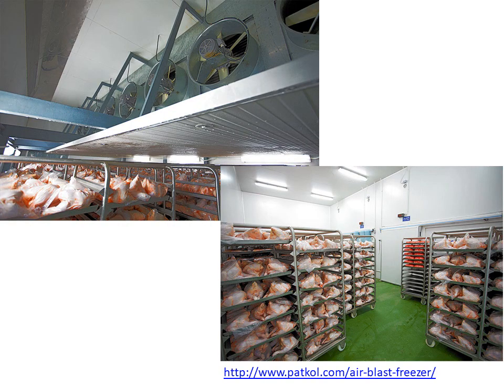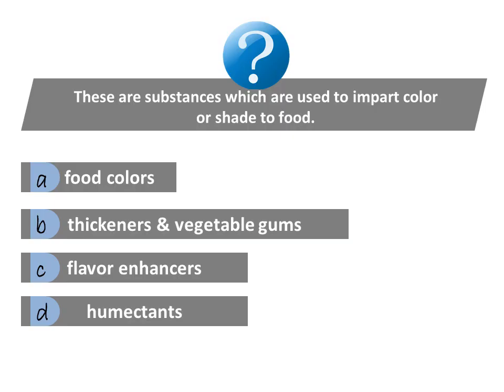Ito ay example ng isang air blast freezer na makikita nyo dito merong mga tray ng pagkain, mga manok. Tapos parang merong turbo dyan sa taas, yun yung magre-release ng malamig na hangin. Air blast freezer.